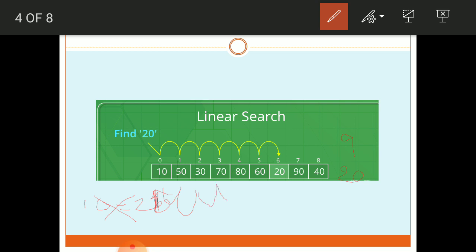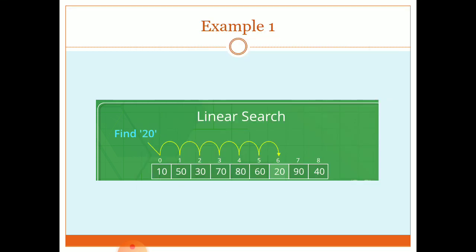Like that, once I reach position 6, here the match comes, that is 20 equals 20. That means we have to stop over here and my K equals 6. That is the position of my searched element. Okay, done. Now this is my linear search.